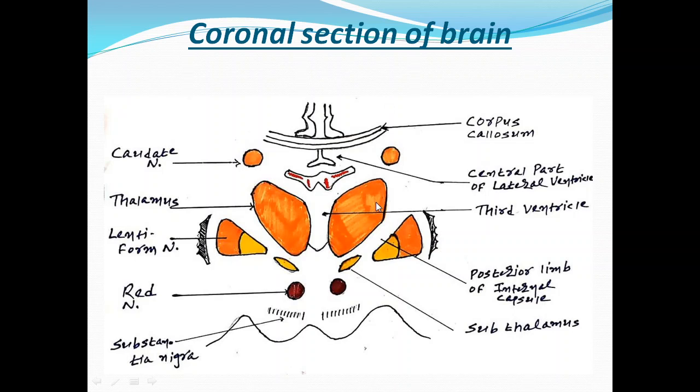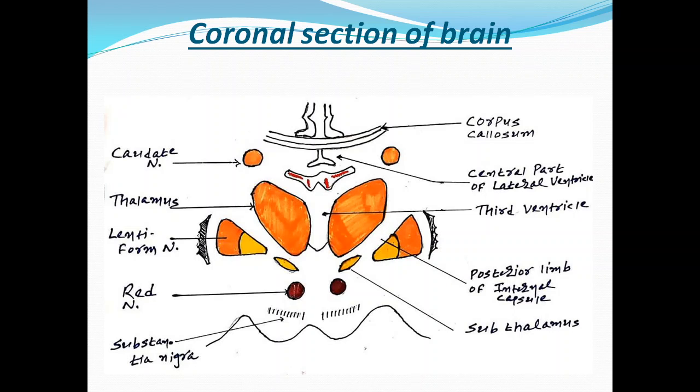Between the thalamus and the lentiform nucleus, there is white matter fiber. These white matter fibers are known as the internal capsule. It comes under the heading of projection fibers of the white matter of the cerebrum. So the lateral surface of the thalamus will form the medial boundary of the internal capsule.